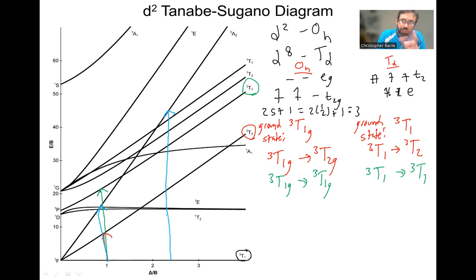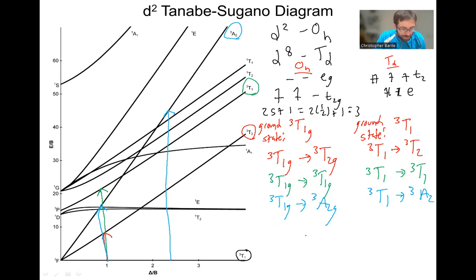So the positions of the peaks would switch depending upon where we are, what types of ligands we have. But regardless, we know that our third spin-allowed transition going from triplet ground state to triplet excited state is going to be triplet T1g to triplet A2g. And the same thing for our tetrahedral symmetry, we just drop the g's.